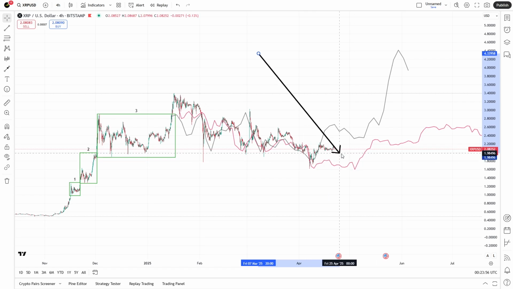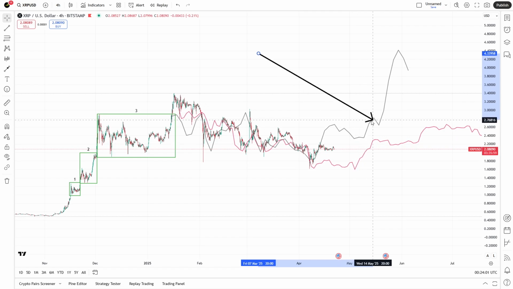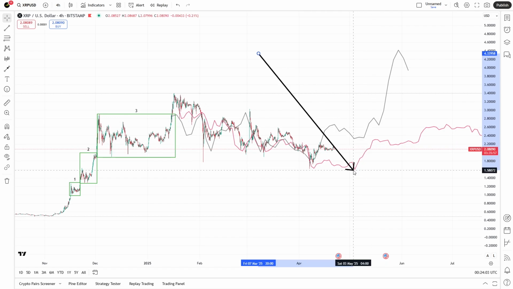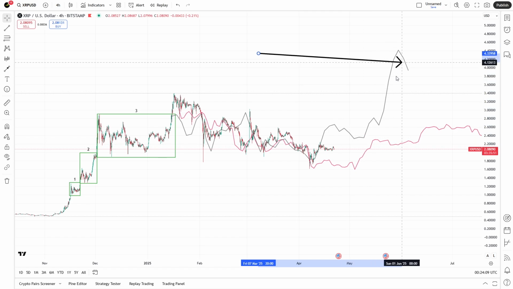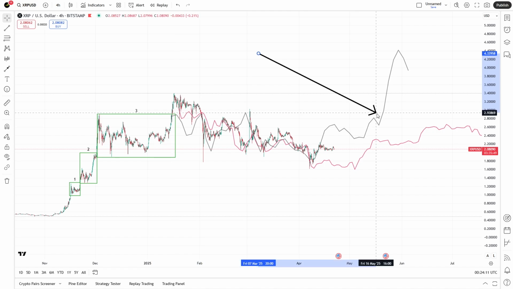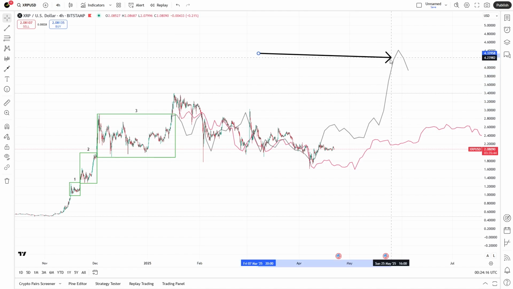Where they differ, and this is important, is in their move out of this part right here. This 2021 bull run structure is only a retracement, whereas this structure right here from the third corrective structure is a bullish move that will bring it to an all-time high.